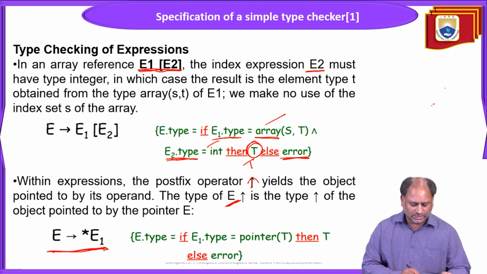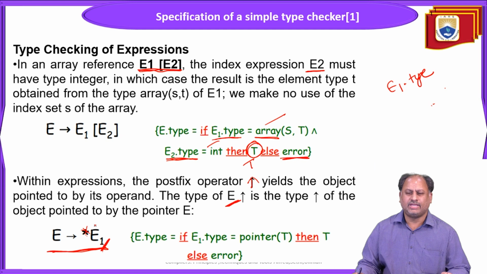The type checking can be done for E1. E1 dot type is a pointer type, since star indicates a pointer type expression.